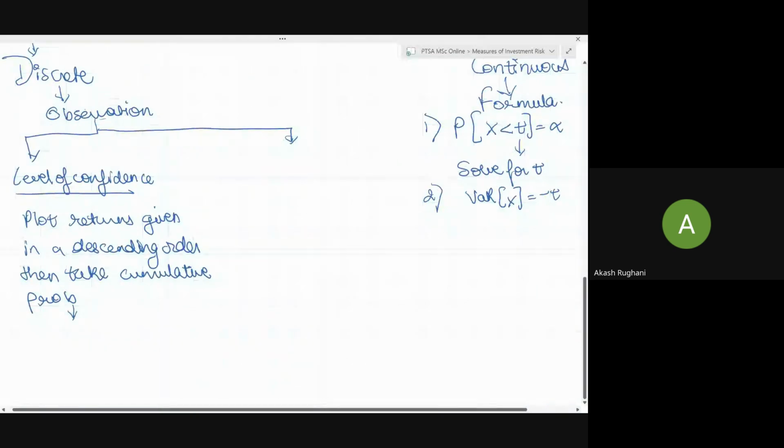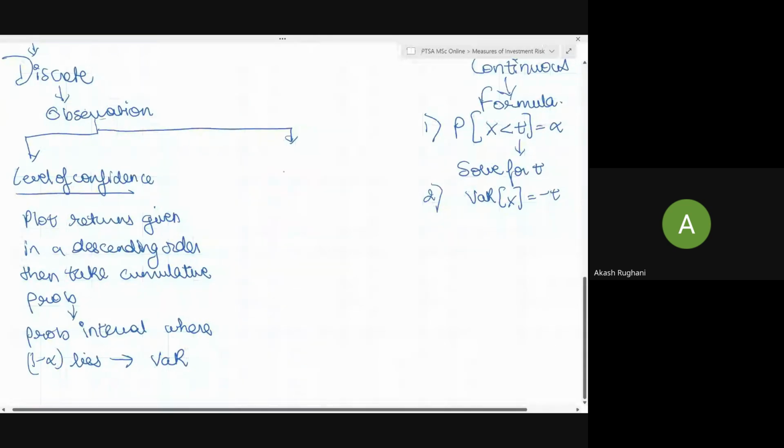The probability interval where 1 minus alpha lies is my VAR.